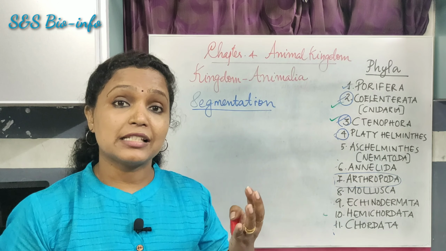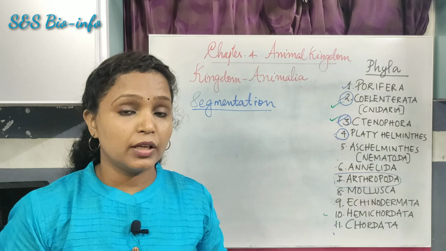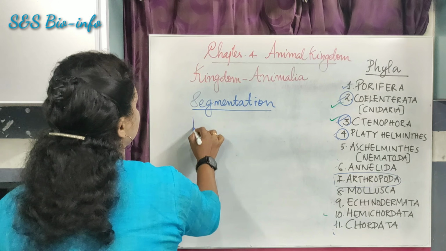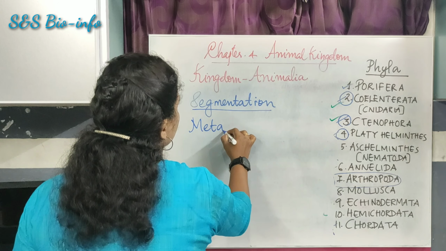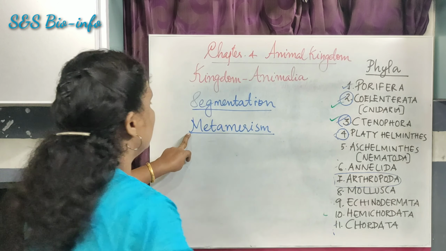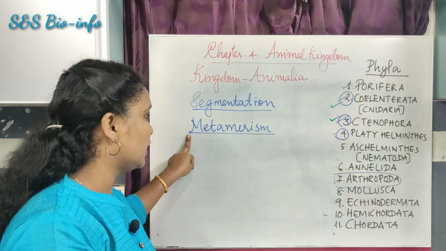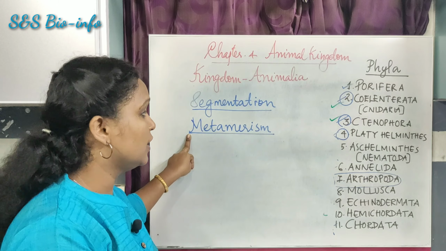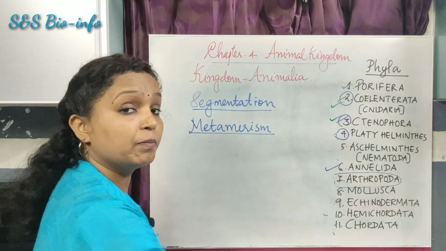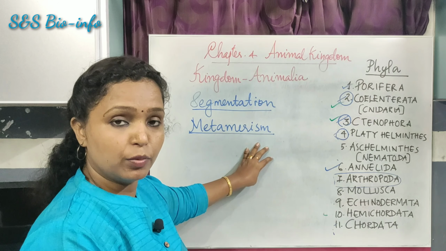If the body exhibits repeated or repetitive segmentation, such type of segmentation is called metamerism. So what is metamerism? Repetitive or repeated segmentation of the body both externally and internally. This type of segmentation is exhibited by the phylum what? Annelida. Annelids exhibit what? Metamerically segmented body.